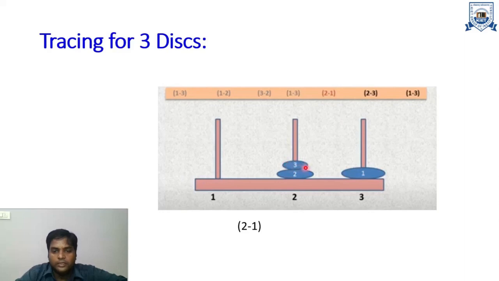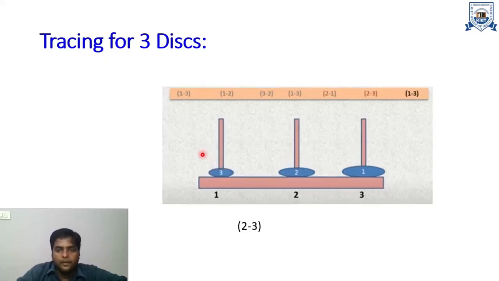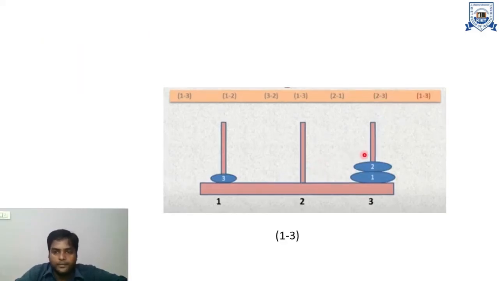So we move this disk to tower 1. Now 2 to 3. So we move this to tower 3. Now the last one is 1 to 3. So we will move this disk from tower 1 to tower 3.